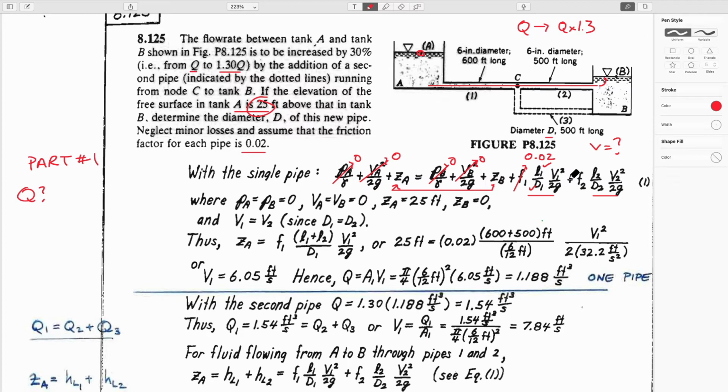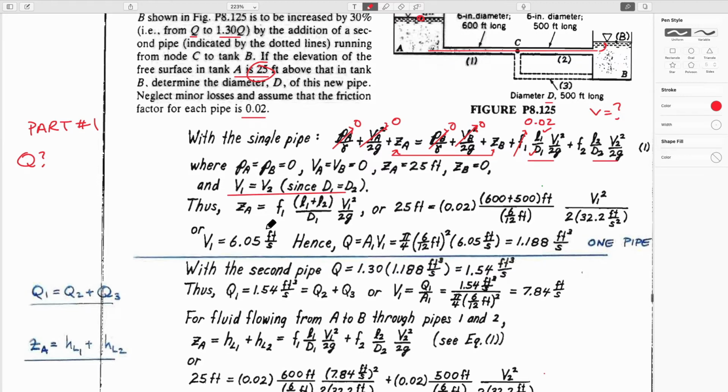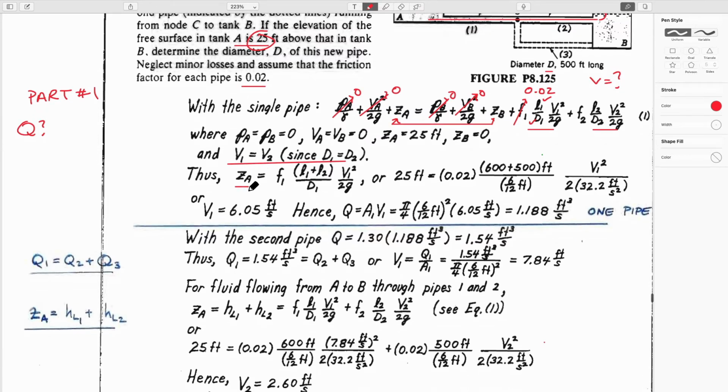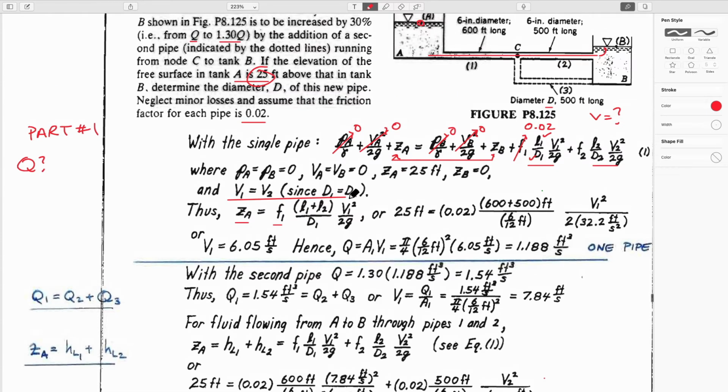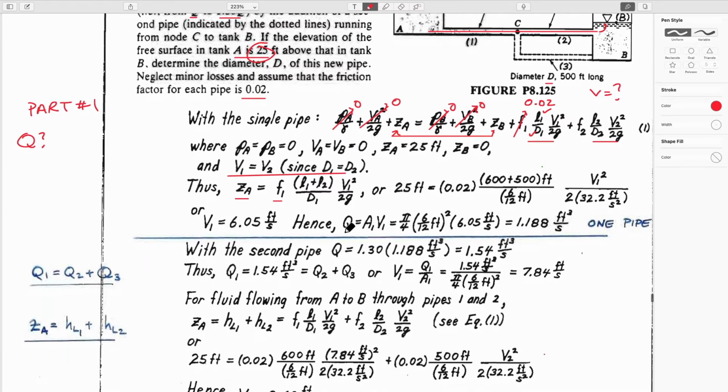So V2 and V1 have to be equal to each other because of this, right? And so that expression ends up being the head drop, 25 feet, friction factor of 0.02, length 1 plus length 2 is 600 plus 500 feet. They're the same diameters, so they're the same velocities. The only term we don't know here is the velocity, and so we can solve for that, and we get a velocity of 6 feet a second.